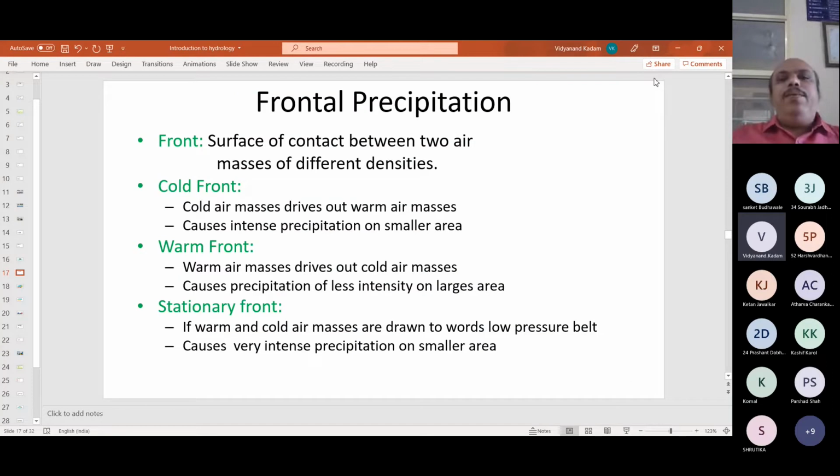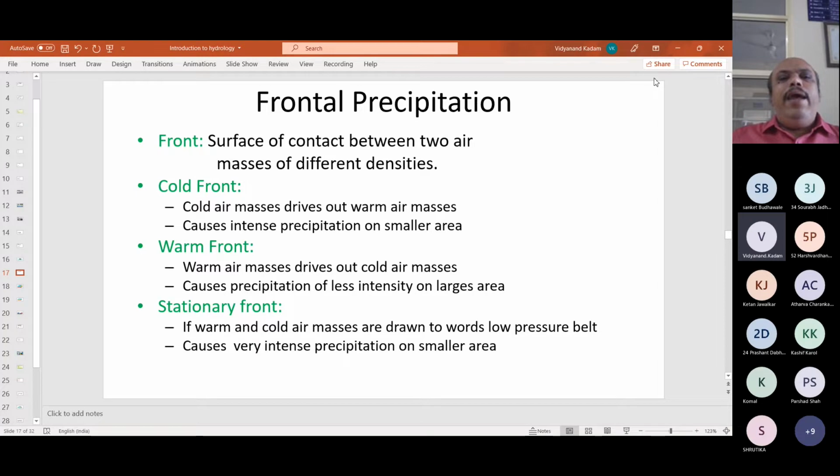The second type of precipitation is frontal precipitation. In frontal precipitation, the term front is used. So what is this front? A front is the surface of contact between two air masses of different densities. Now it is clear to you how precipitation takes place.